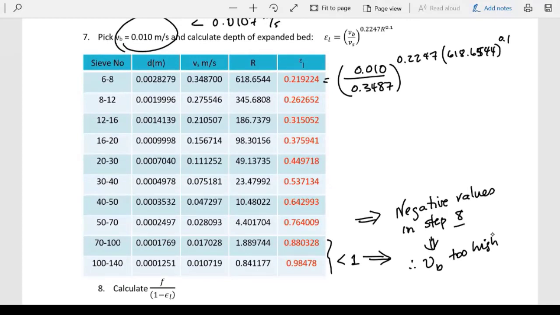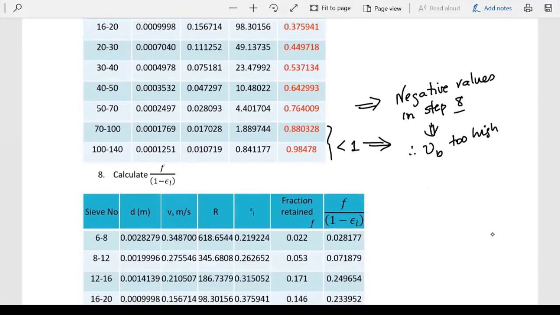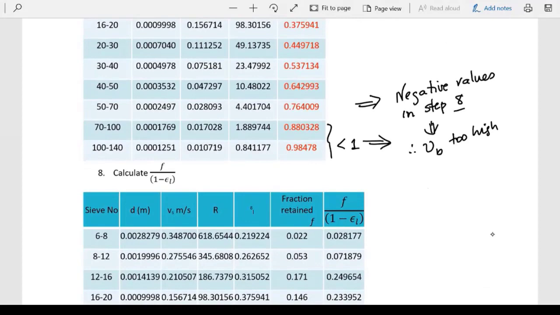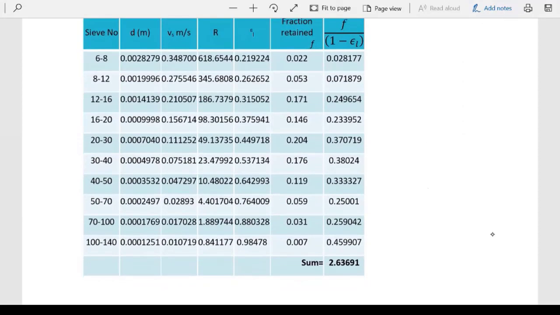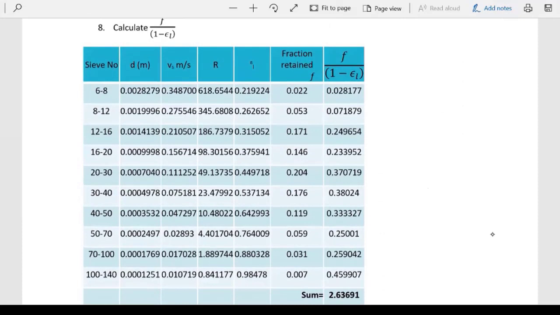Okay. So for instance, if we had used a backwash velocity of 0.011, you would actually get values here greater than 1. You'd have negative values down here, and you'd reduce your backwash.